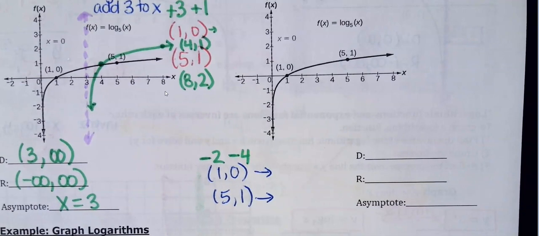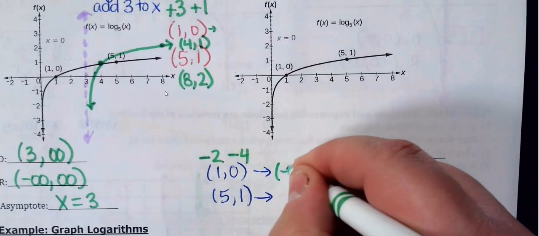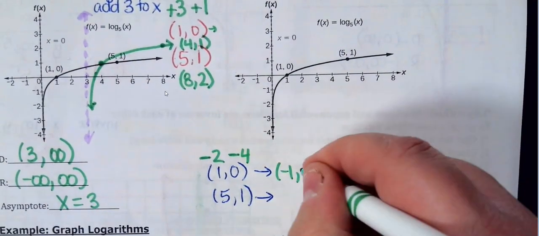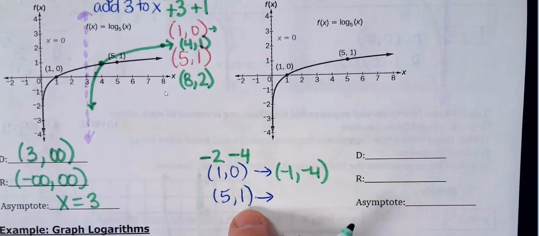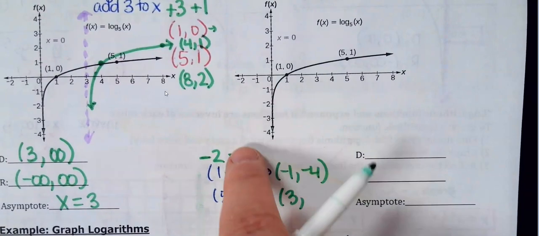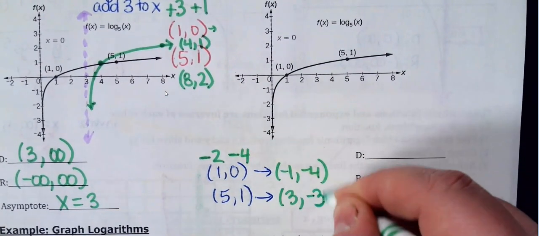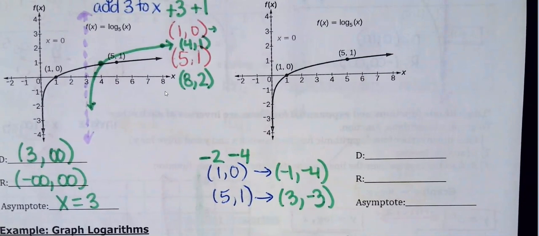Up or down affects the y-coordinate. So if I start with 1, if I subtract 2, it'd be negative 1, 0 minus 4 would be negative 4. So that's that shifted point. If I take (5, 1), then I'm going to subtract 2, that would be 3. 1 minus 4 for the y-coordinate would be negative 3. So that's that point shifted to the left 2 and then down 4.